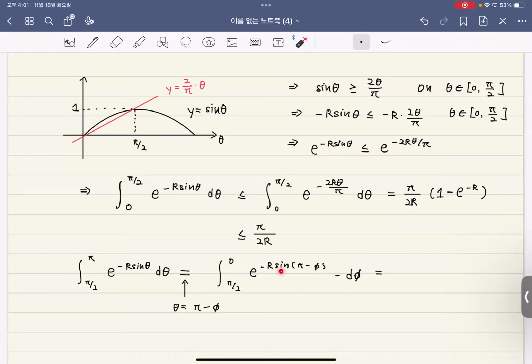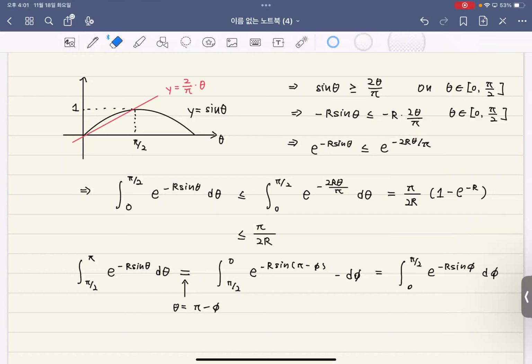And the sine of pi minus phi is just the same as the sine of phi. Simplifying everything, it turns out this is e to the minus r sine phi d phi.